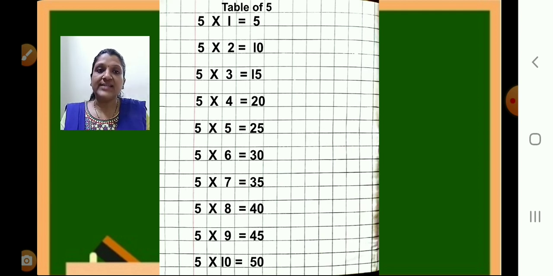Yes, you can say it with me. 5 ones are 5, 5 2s are 10, 5 3s are 15, 5 4s are 20, 5 5s are 25, 5 6s are 30, 5 7s are 35, 5 8s are 40, 5 9s are 45, 5 10s are 50.